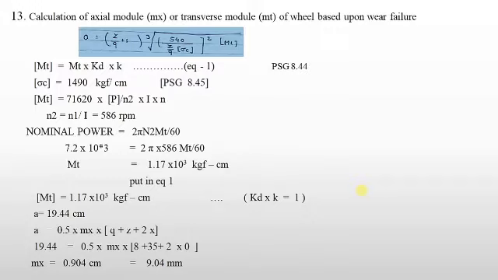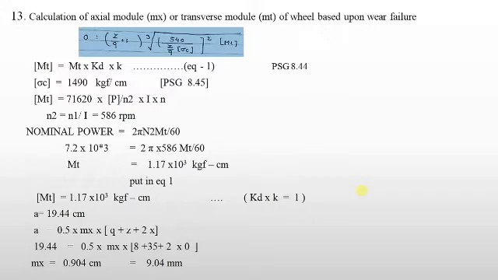Calculating the output speed, N1 upon N2 is equal to I, and I is 7. So output speed is 586 rpm. Now calculate the rated torque, which is calculated by power. Power is equal to 2 pi N2 into rated torque upon 60.